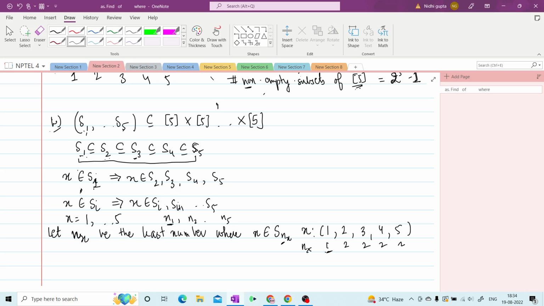So this tuple, this number nx, will give me these subsets S1 till S5. So what will be S1?